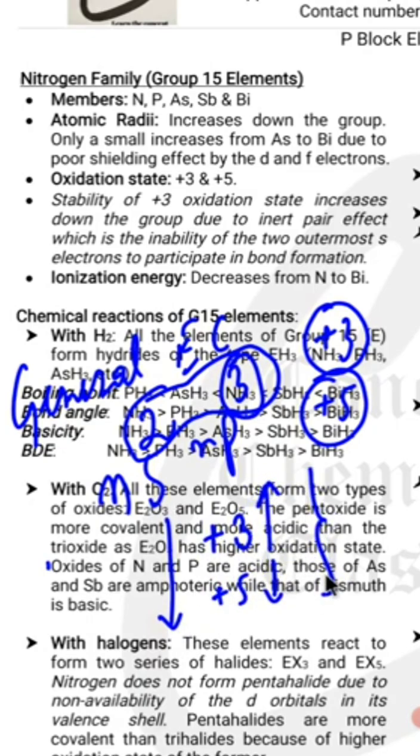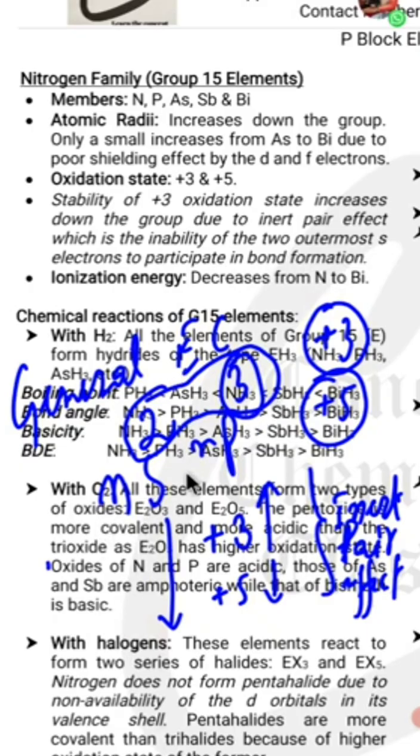This is due to the inert pair effect, and the inert pair effect is due to again poor shielding by the d and f electrons. Stability of +3 oxidation state increases down the group due to the inert pair effect, which is the inability of the 2 outermost s electrons to participate in bond formation.